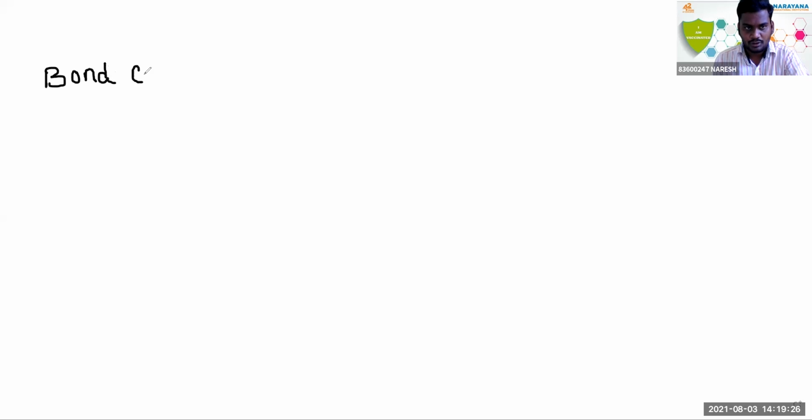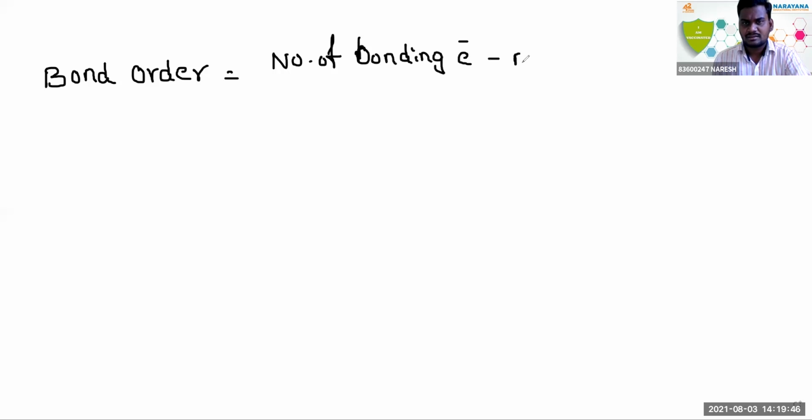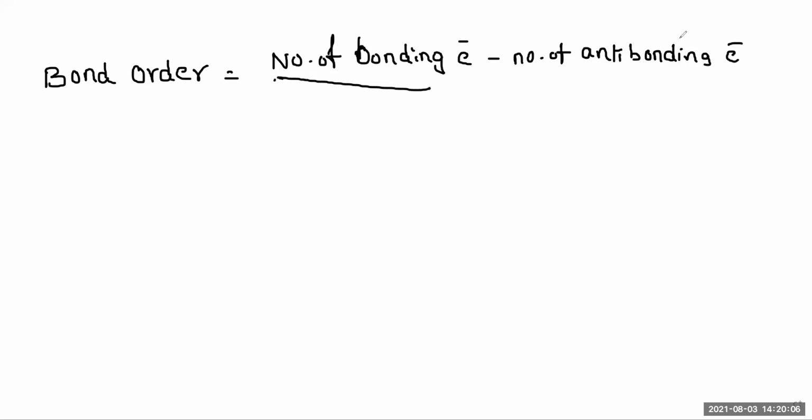In the N2 molecule, bond order is equal to the number of bonding electrons minus the number of anti-bonding electrons, by 2. This is the formula, right? Yes, sir.